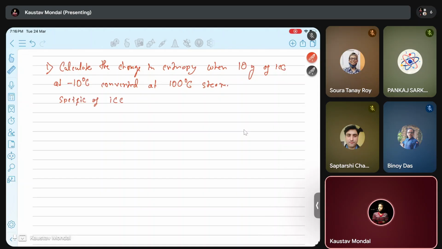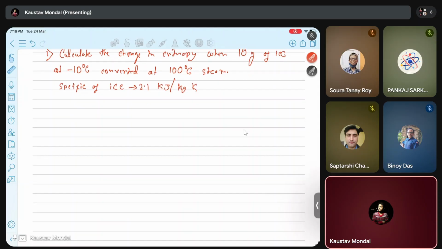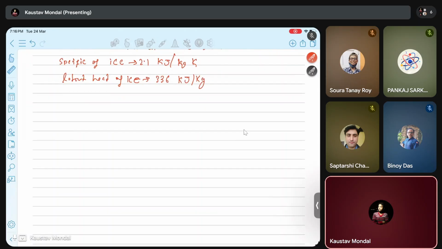Specific heat of ice is 2.1 kilojoule per kg per Kelvin. Latent heat of ice is also given, 33.6 kilojoule per kg. Latent heat of steam is also given, 2268 kilojoule per kg.